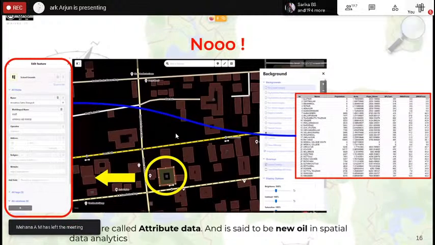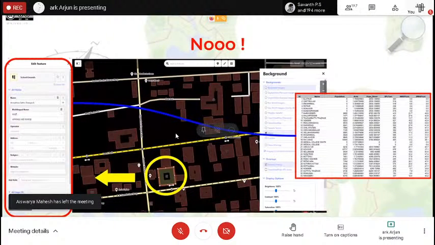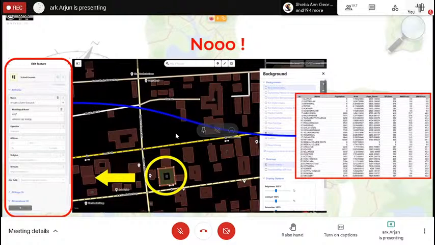My friend Cherry spoke before about data, and data is the new oil. Yes, when considering map data, these attribute tables are the new oil, the new fuel for the spatial data industry.